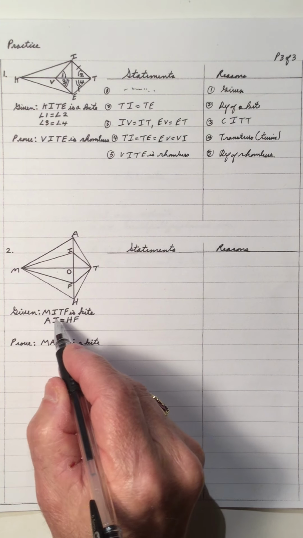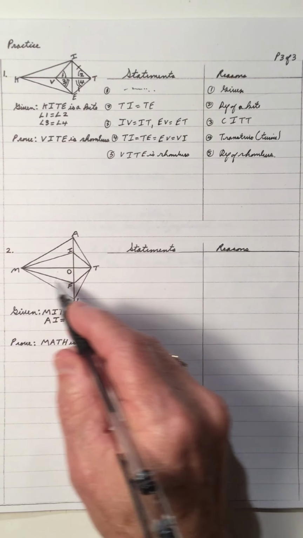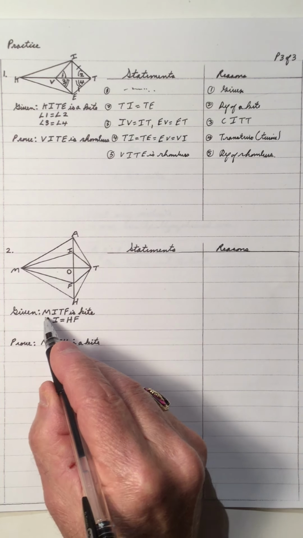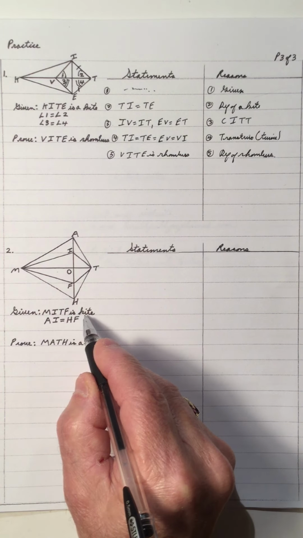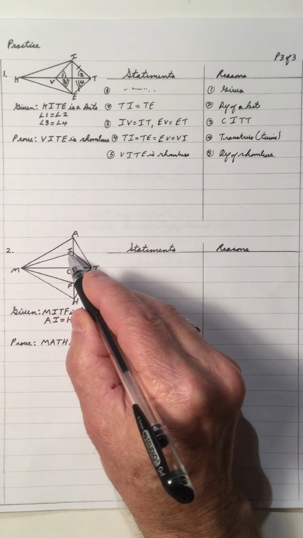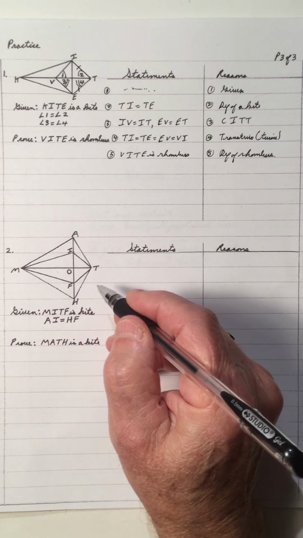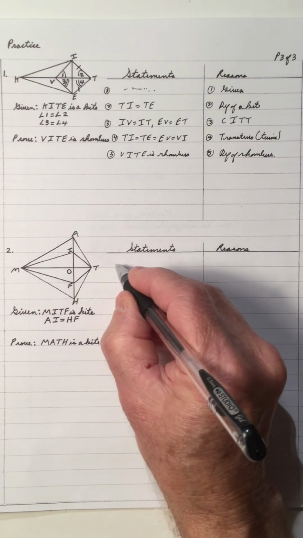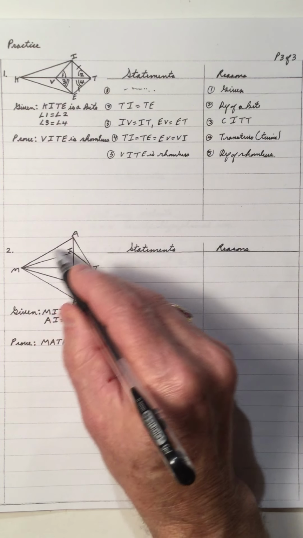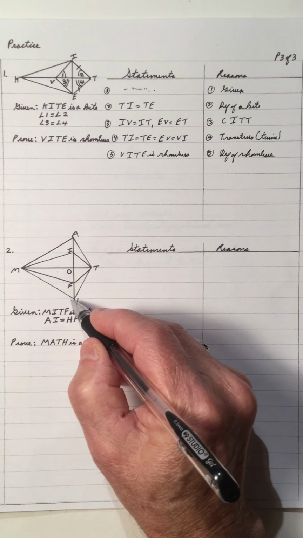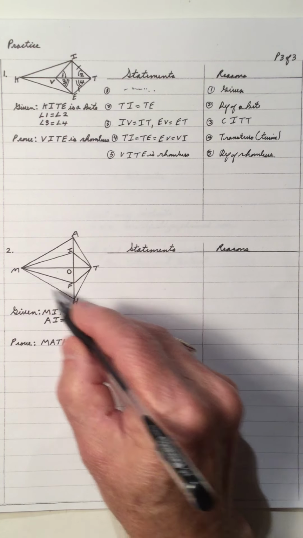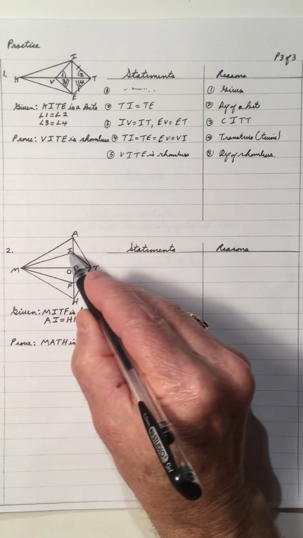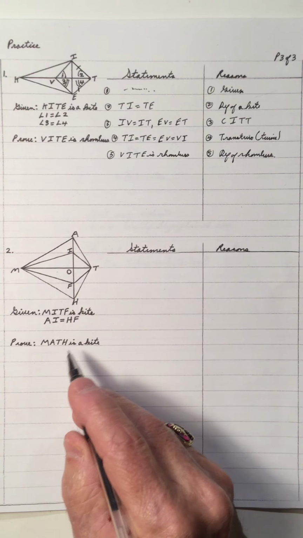Given that MITF, we have this figure with all sorts of triangles going all over everywhere. So we have MITF is a kite. We have AI equals HF. We have to prove that MATH is a kite. So the inside one is a kite and the outside one is a kite.